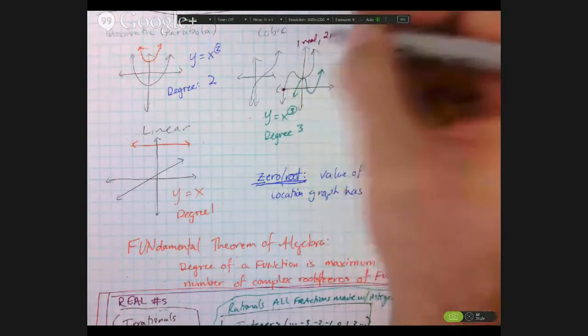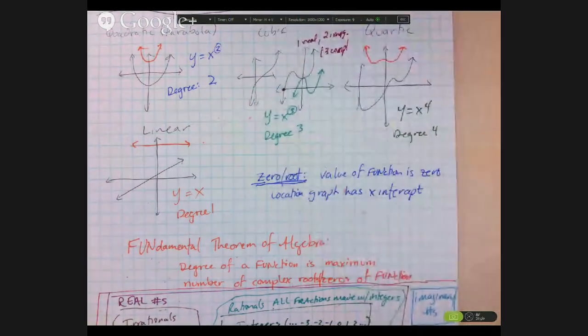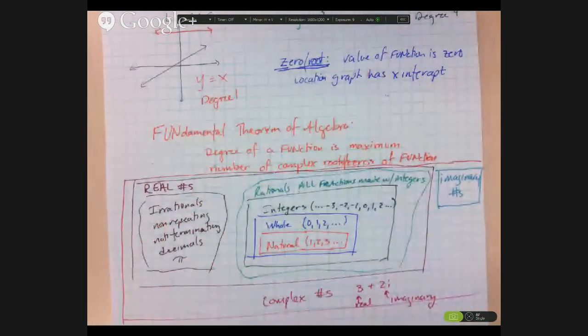okay, 2 imaginary, or a total of 3 complex roots. Okay, so we know the difference there. We have imaginary roots if we're not hitting the x-axis.